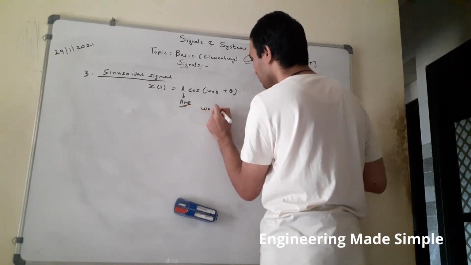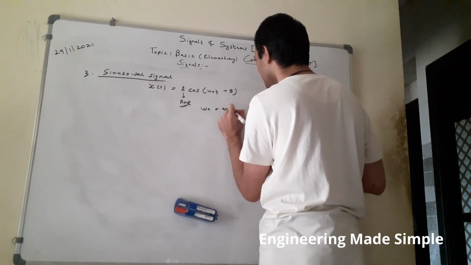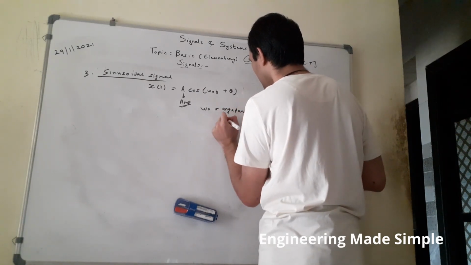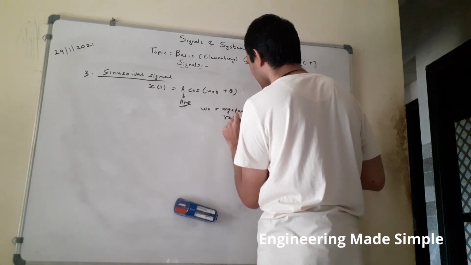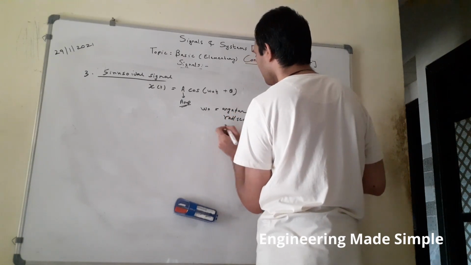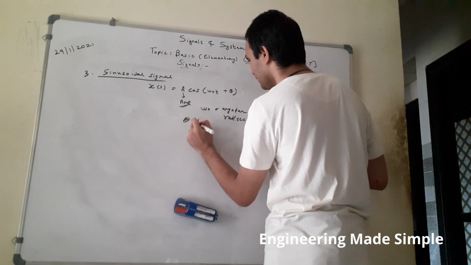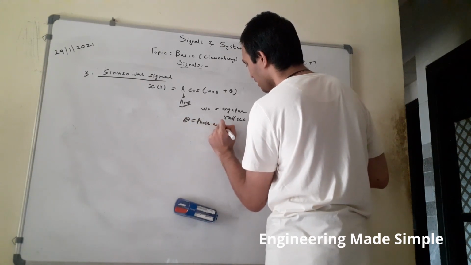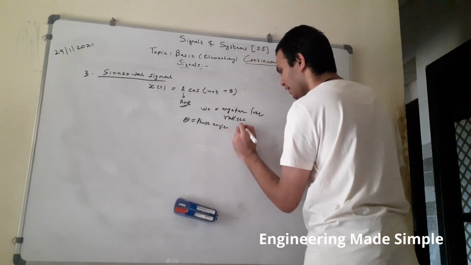Omega naught is your angular frequency in radians per second. Theta is the phase angle of the sinusoid or cosinusoid in radians.